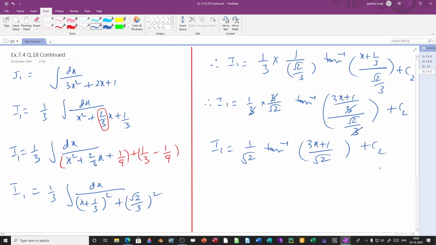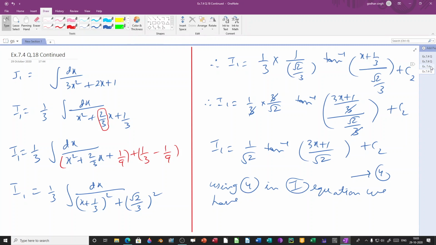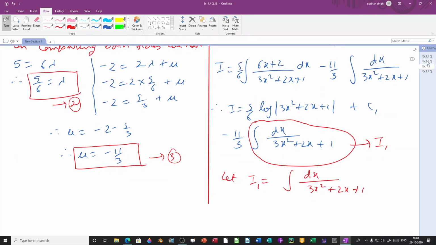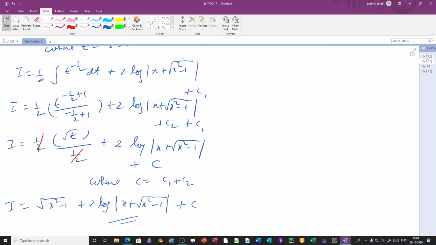Now what we are going to do is, let this be equation number 4. So we'll be using 4 in I. Let us see what equation number 1 is.